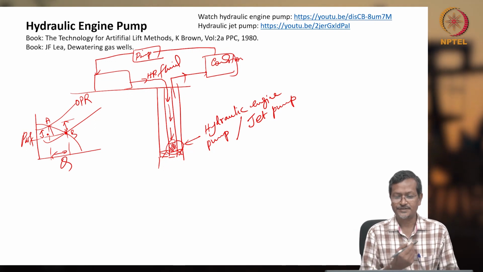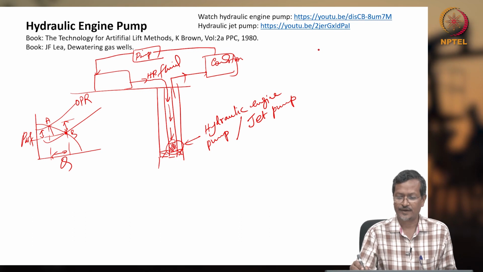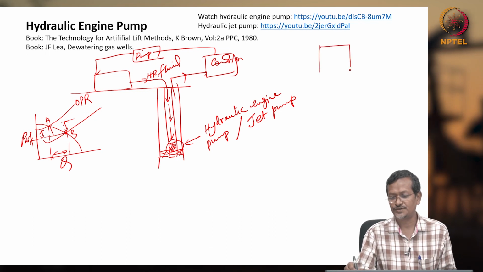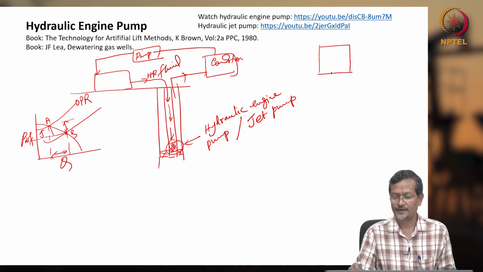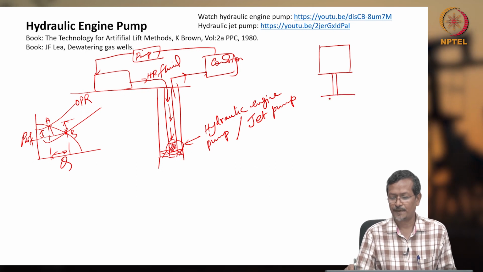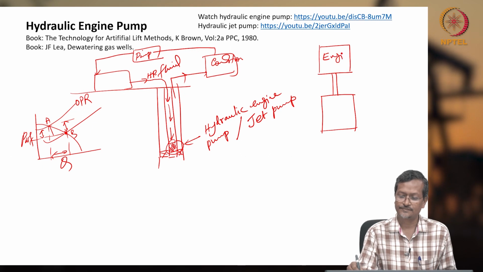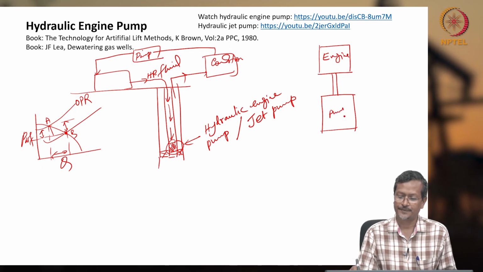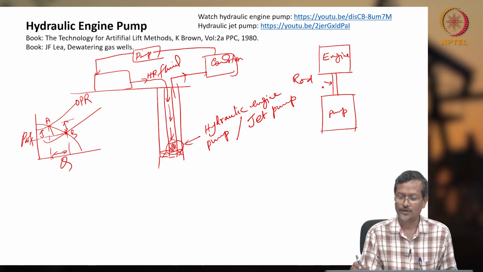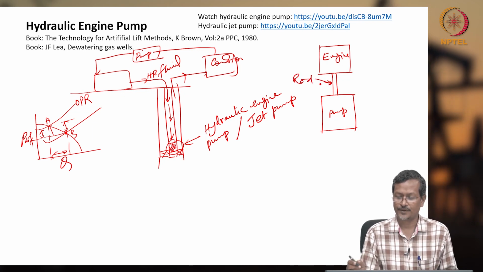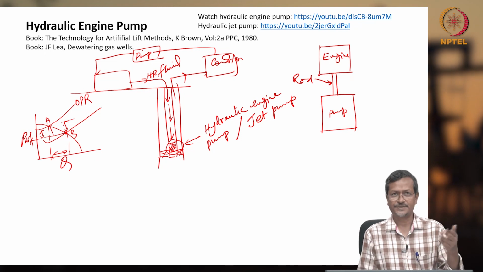So what is a hydraulic engine pump? In a hydraulic engine pump, you have one reciprocating engine, and it is connected to your pumping unit. So this is the engine, this is the pump, and it is connected by one rod, or connecting rod, you can say. You can remember the sucker rod pump.